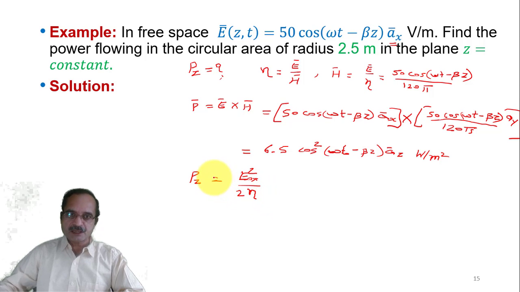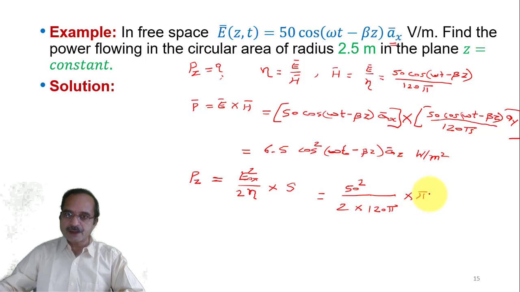We have seen this expression earlier, multiplied by the area S. Substituting these values, the peak value of electric field intensity is 50, so this is 50 square divided by 2 into 120 pi, that is eta, multiplied by the area, pi r square.